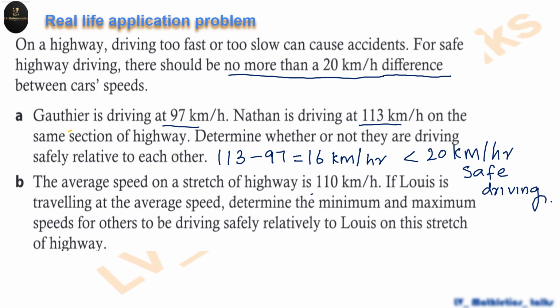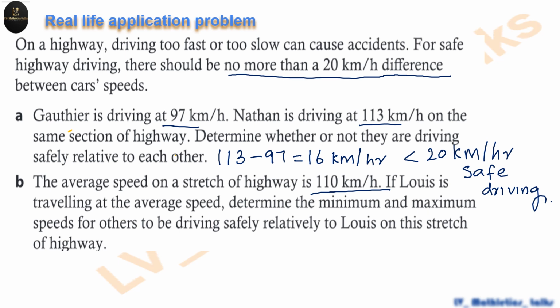So when the others traveling along with him are on the safer side is when the difference between the speeds is within 20. So the difference can be either above 110 or below 110, but the difference should be within 20.